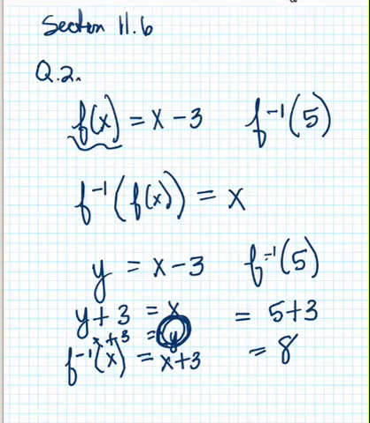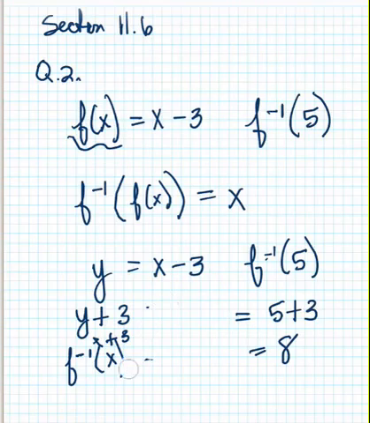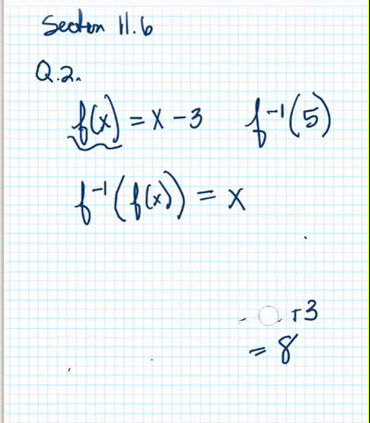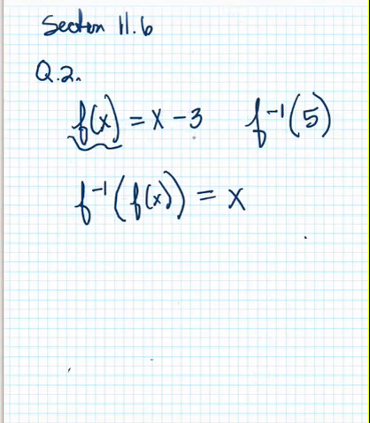Just a quick note too, just to show you, with functions, the inverse is x plus 3. So let me just verify here. Remember, f of x is x minus 3, and the inverse of x is going to be x plus 3.